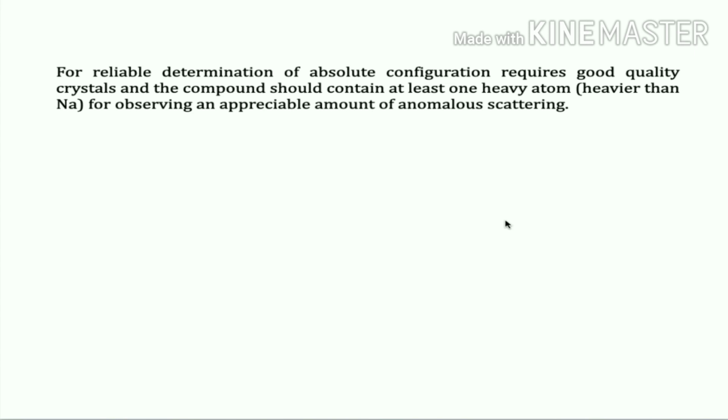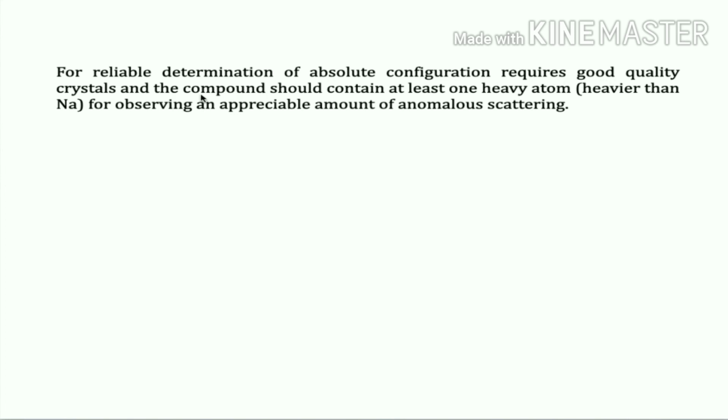But this anomalous X-ray scattering has some disadvantages. For reliable determination of absolute configuration, it requires good quality crystals. If you want to use this X-ray method for assigning absolute configuration, it requires good quality crystals, and as we know, not all compounds are crystalline in nature, so that is one disadvantage.